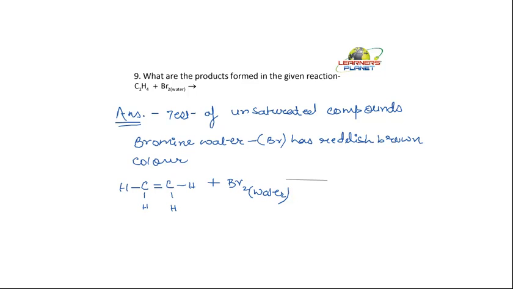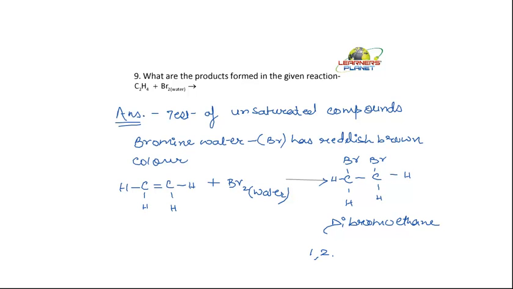It is an unsaturated compound and it undergoes an addition reaction and it forms CH, Br, C, Br, this is H and this is H. So this is dibromoethane, right?